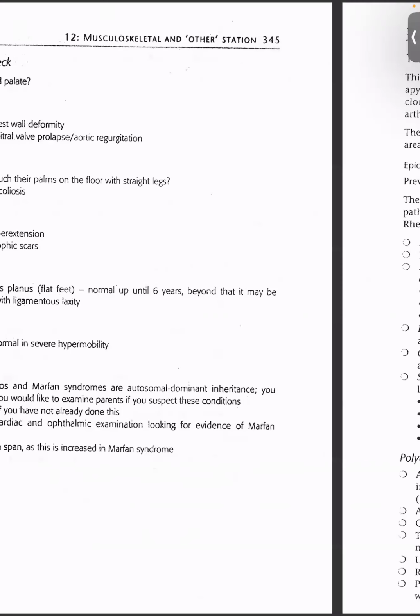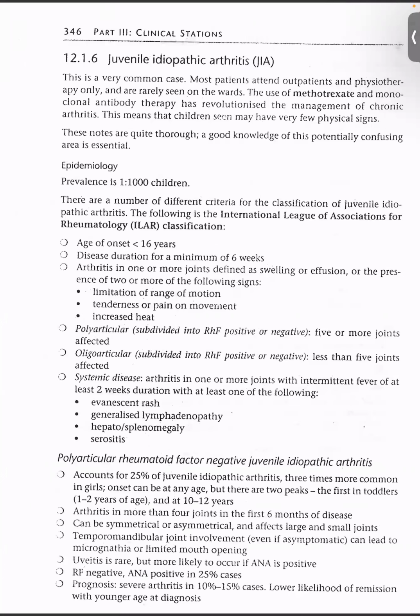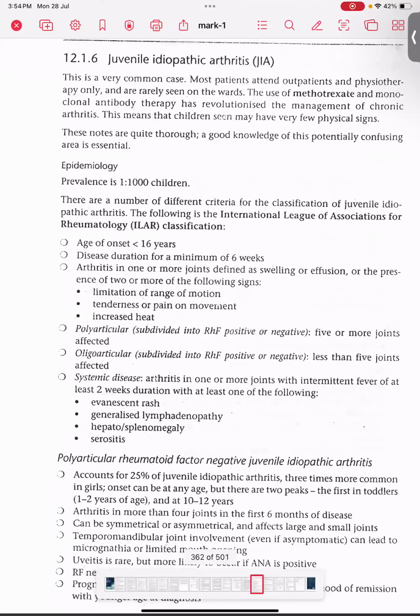Today we will discuss this JIA. Okay, please open your books if you do have this one with you.